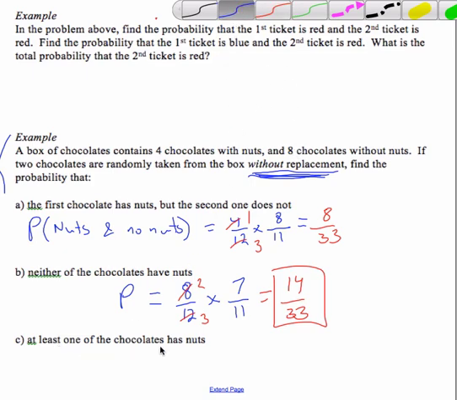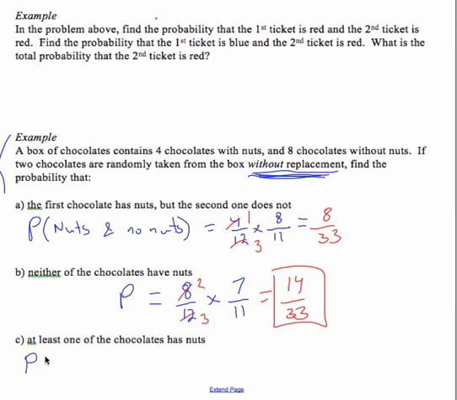Probability at least one of them has nuts. Okay. So for this one, there's a couple ways we can go about this. We can get the probability of the first one having nuts and the second one no nuts.